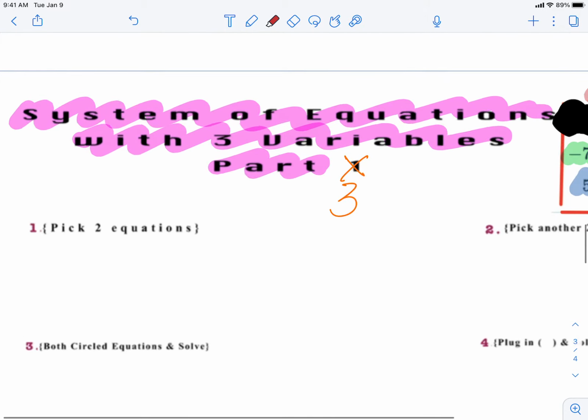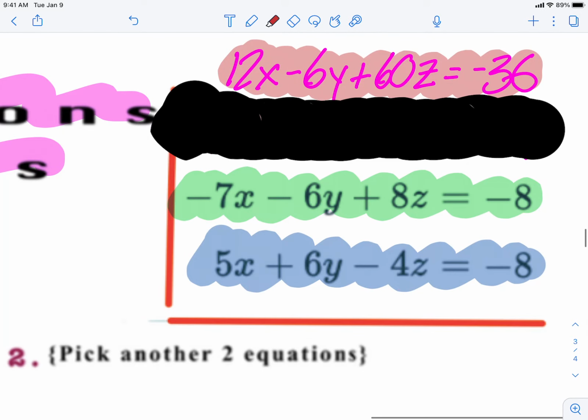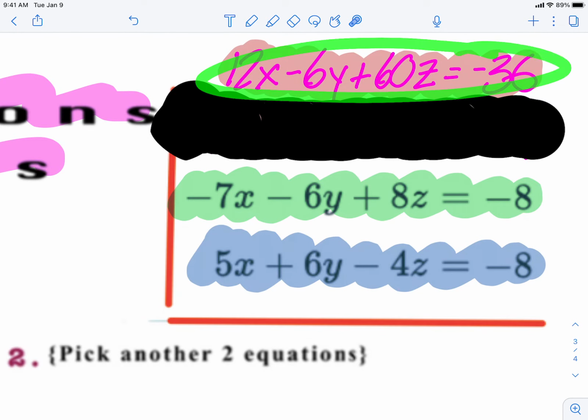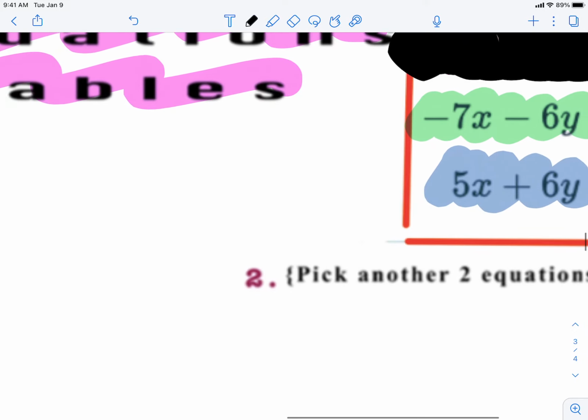So step 1 says pick two equations that cancel out. So I'm going to pick red and blue because negative 6y and positive 6y will cancel each other out.